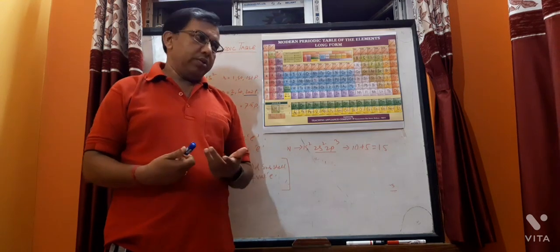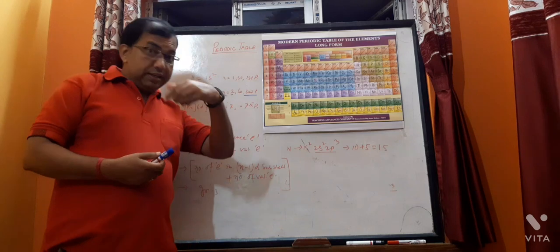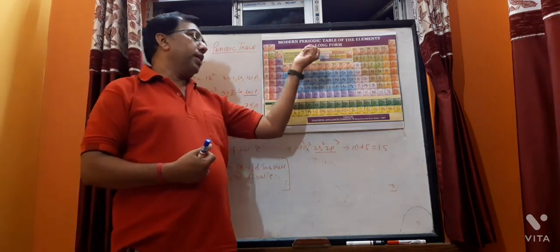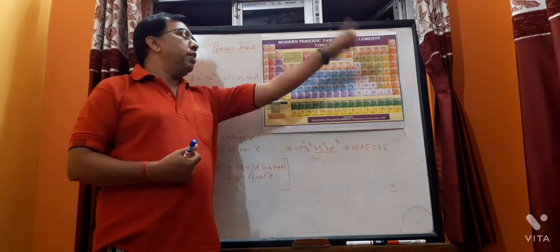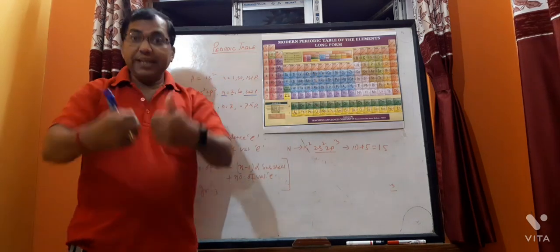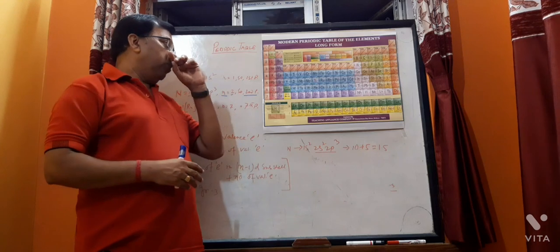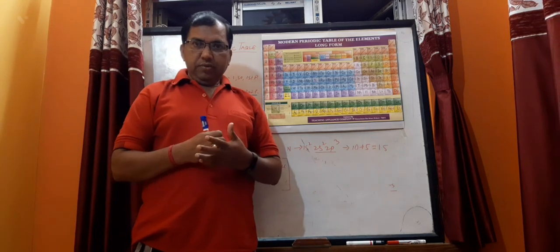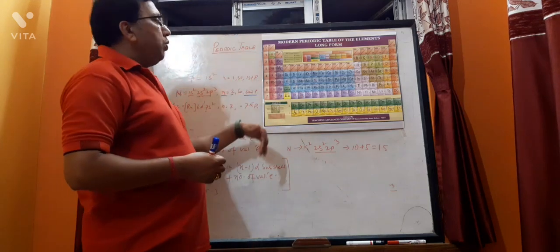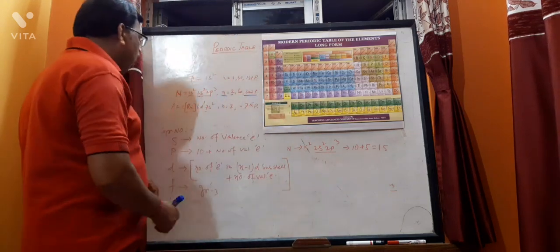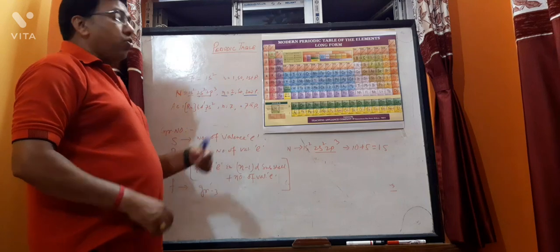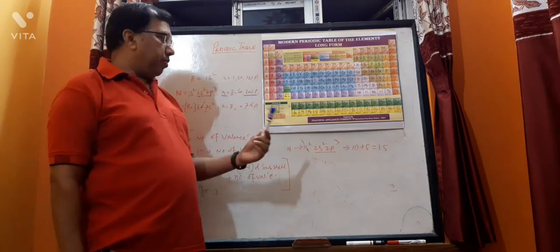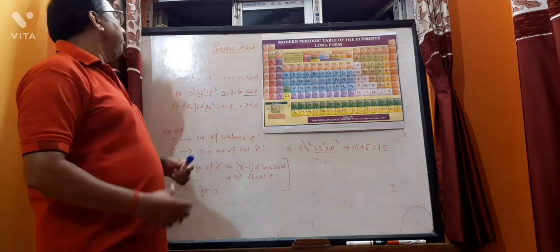Suppose for the s block, I will discuss it just after this. The elements can be classified as s block, p block, d block and f block elements. I will discuss later. If the element is an s block element, in which group will it exist? In case of s block elements, the number of valence electrons is the group number.